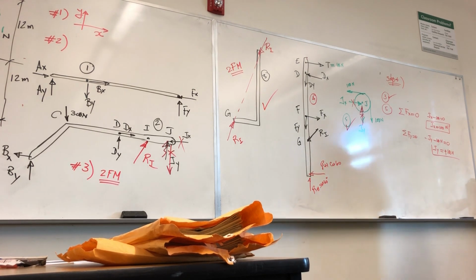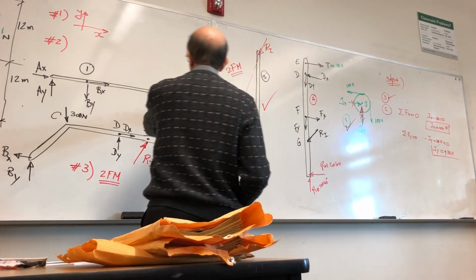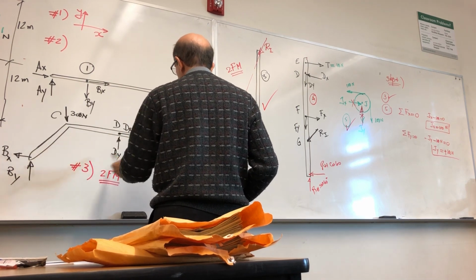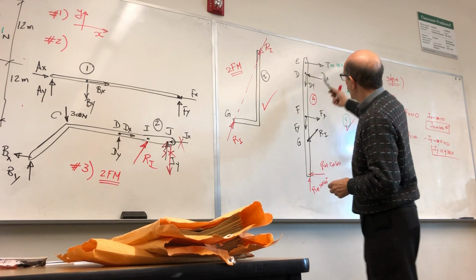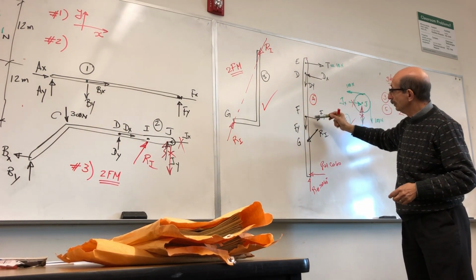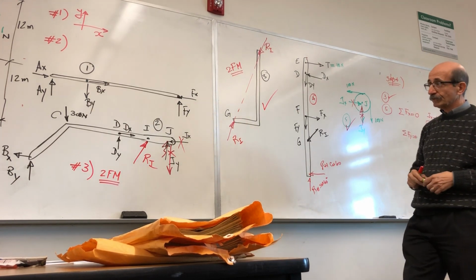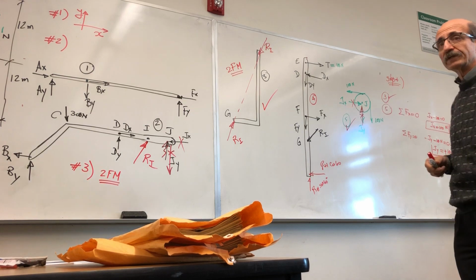So I'm now going to go back and look again at all the free body diagrams. How many unknowns do I have here? Still 6, but how many here? 1, 2, 3, 4, 5 here now instead of 7. And here, 1, 2, 3, 4, 5, 6. So what else? I have that guy over there sitting.